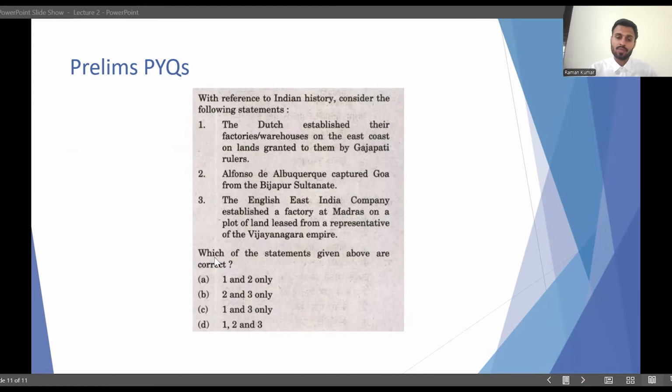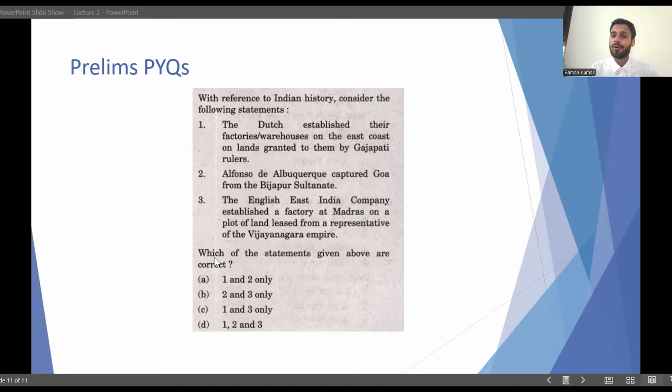The second question: with reference to Indian history, consider the following statements. Statement number 1, the Dutch established their factories and warehouses on the east coast on lands granted to them by Gajapati rulers. This information can be found. The second statement, Alfonso de Albuquerque captured Goa from the Bijapur Sultanate.